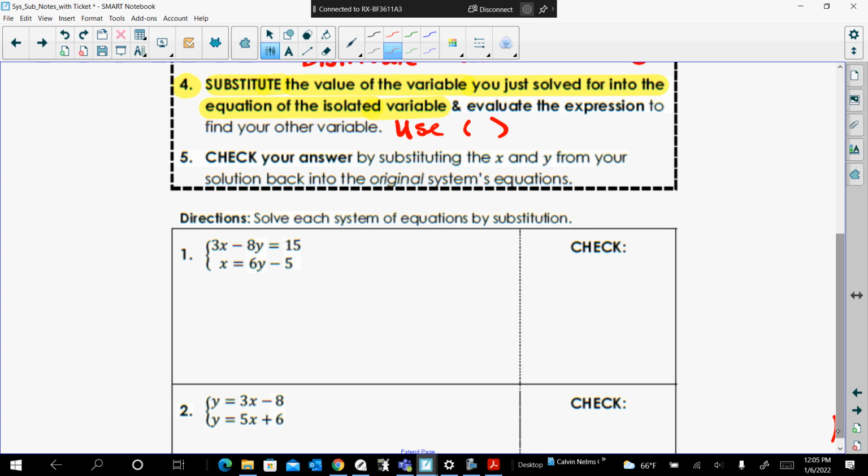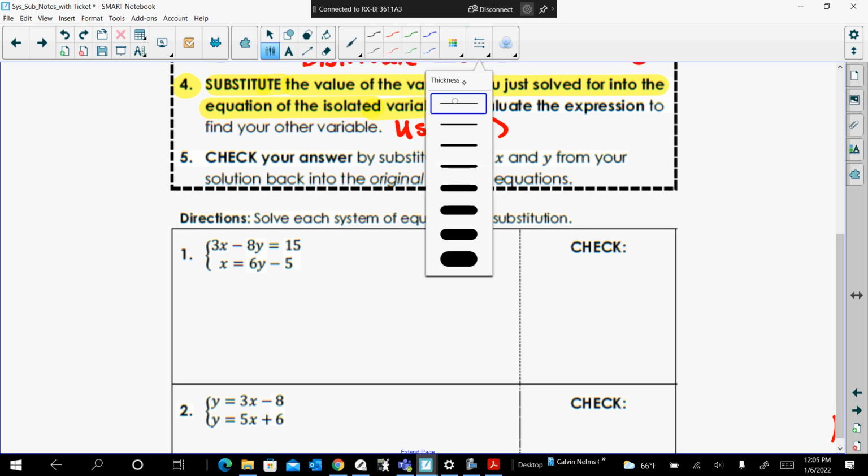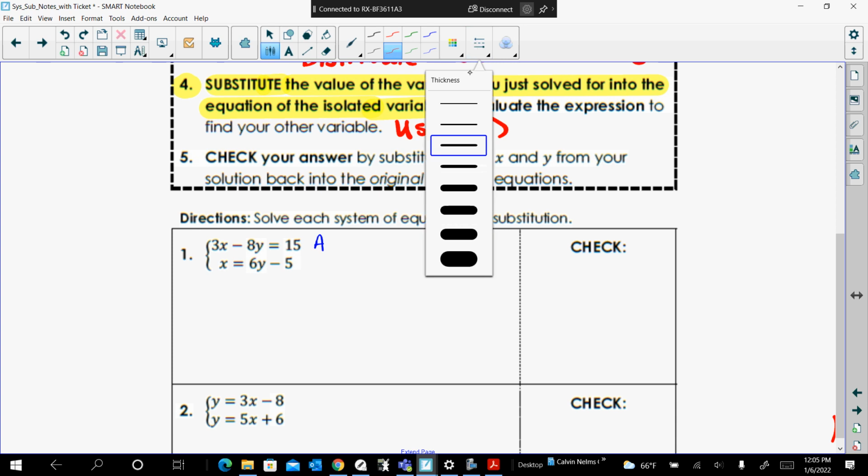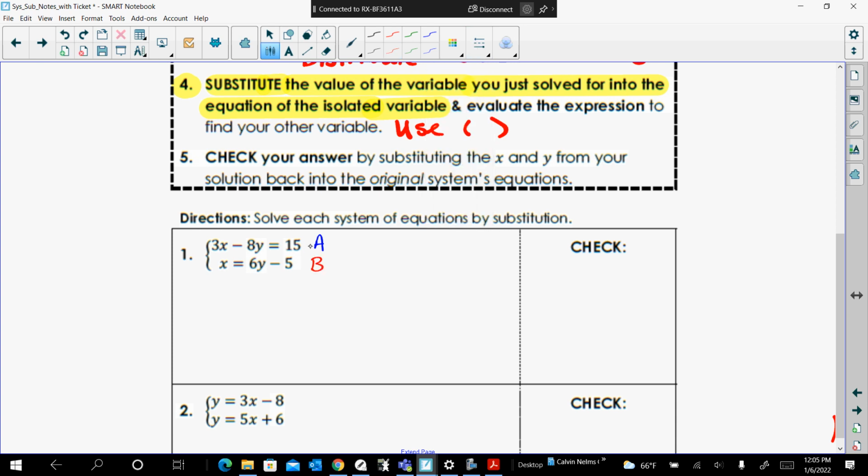We're going to label them equation A and equation B. Okay? A and B. So we know what we're talking about. Between the 2, is a variable isolated? Would it be equation A or B? B. Why B? You're right, because the x is by itself.